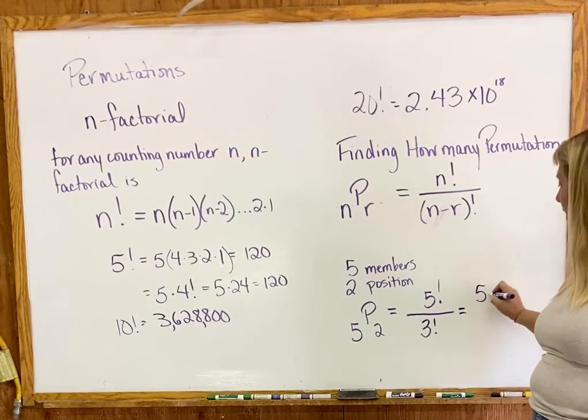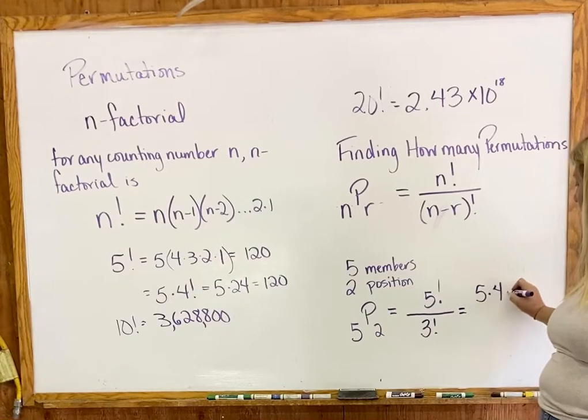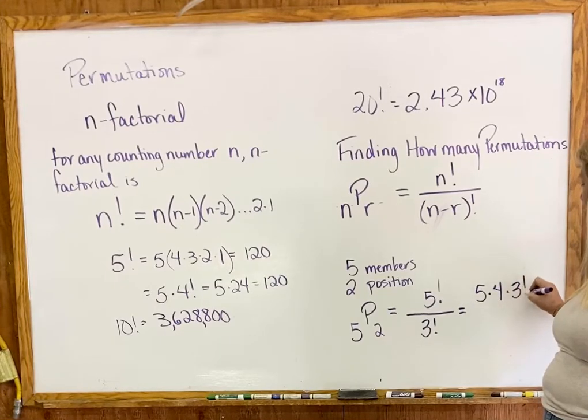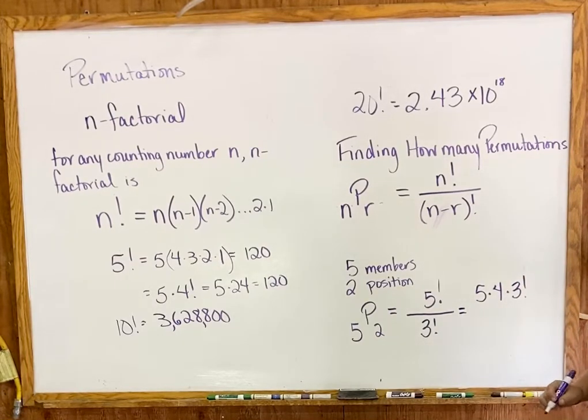We write 5 times 4 times 3 factorial, divided by 3 factorial. 3 factorial just means 3 times 2 times 1. Then look what happens. The 3 factorials cancel, and we have 5 times 4 left, which is 20. Look good to everybody?